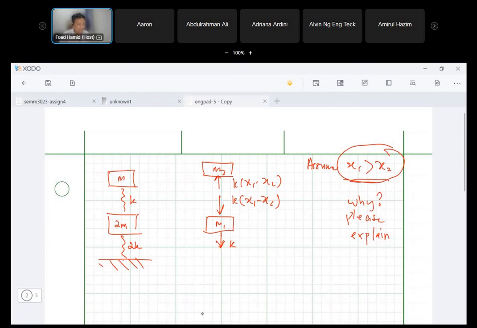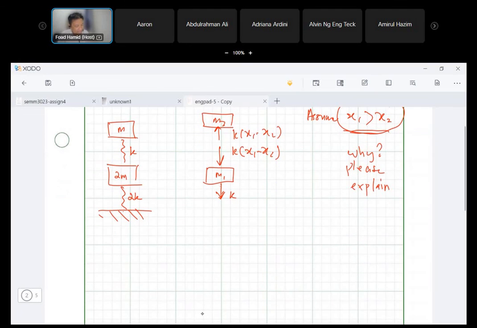Why is this? I think another set of students do it horizontally. I don't understand why it is Kx1 and why it is Kx2.